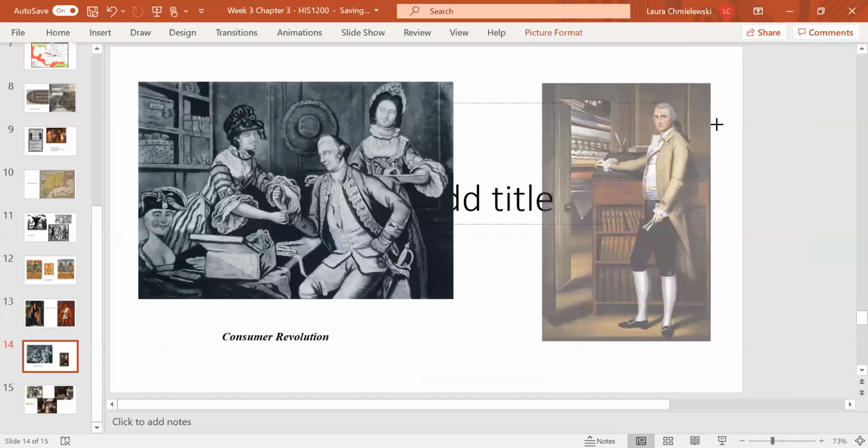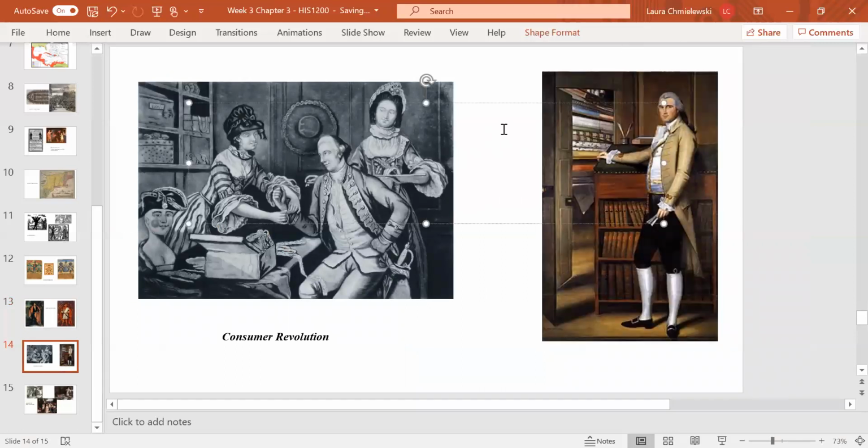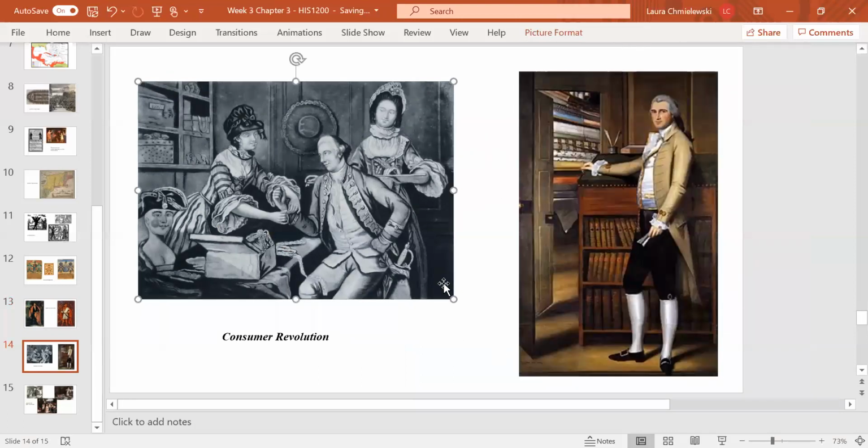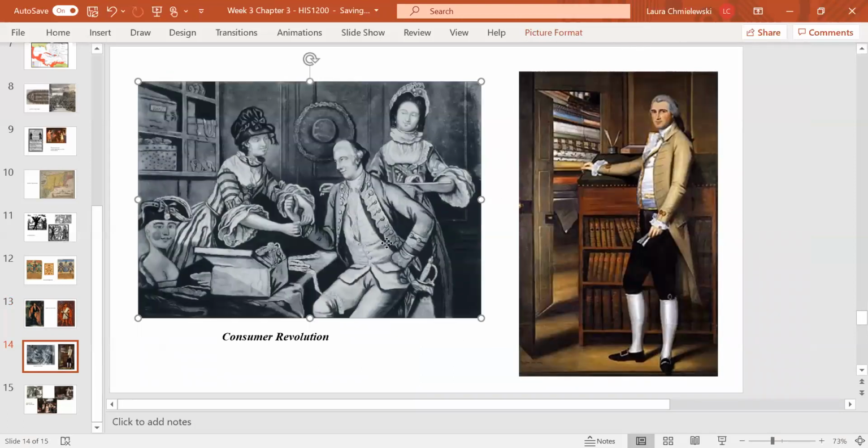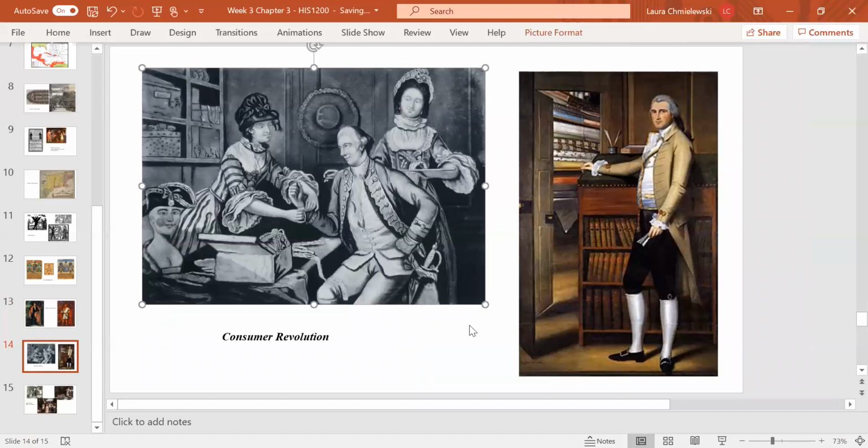Another thing that's being changed, and I'm realizing some of these images may not work so brilliantly in this YouTube format, so I'm enlarging them for you, is something called the consumer revolution. And when I talk about this in a class that drills down into this topic more, we spend a lot more time around it. But I'll just give you the broad strokes.